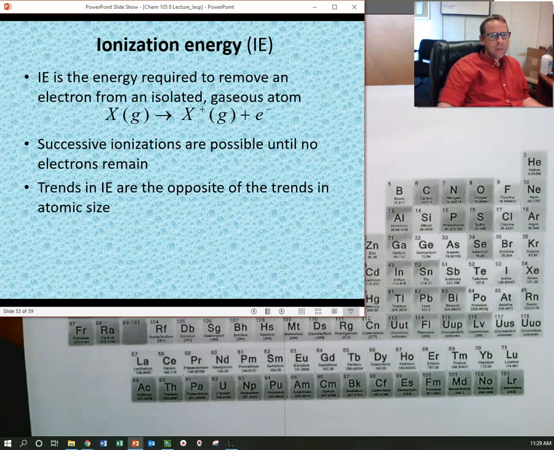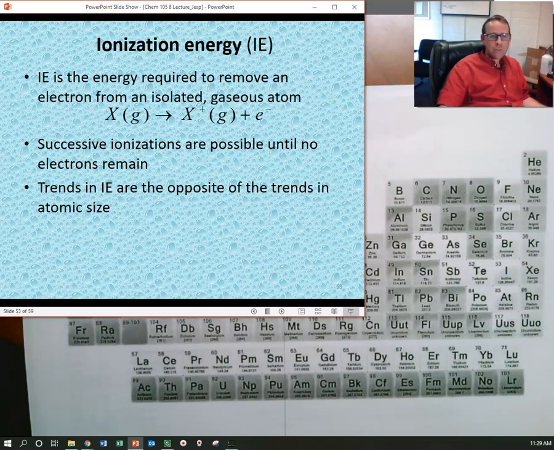Now, if you think about this same analogy, kind of the nucleus being the parents and the electrons being kids. Now, this is sometimes a little bit of an uncomfortable analogy, but I think it helps people understand what's going on. If you have somebody trying to take one of your children away, it's going to make the parents unhappy, right?